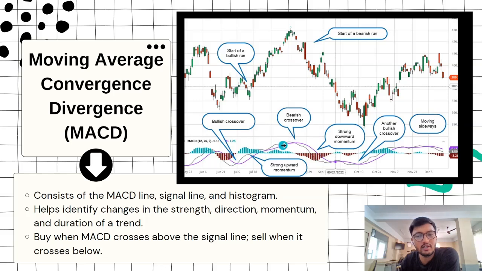There's a full uptrend in the market. This is called a bullish crossover, and if the gray line crosses below the violet line, then it is a bearish crossover. You can see the histograms going down red, and after this you can see the start of a bearish run. After this it went significantly down. So that's how you use MACD.